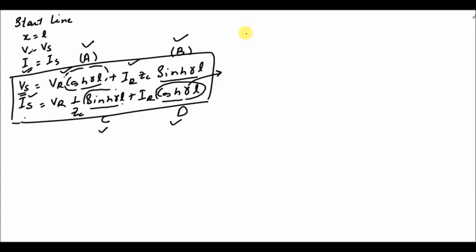Because from the four-port network representation, we know that Vs is equal to A VR plus B IR, and Is is equal to C VR plus D IR.